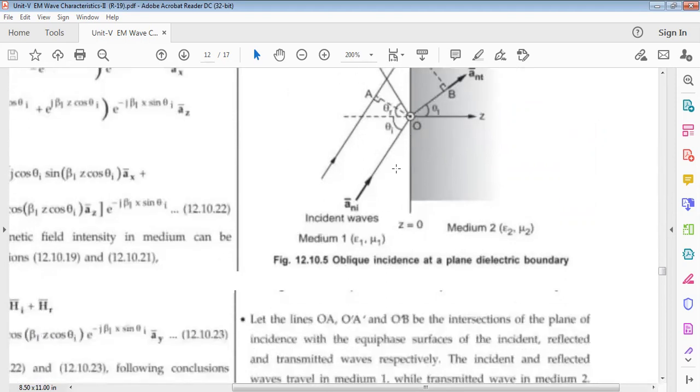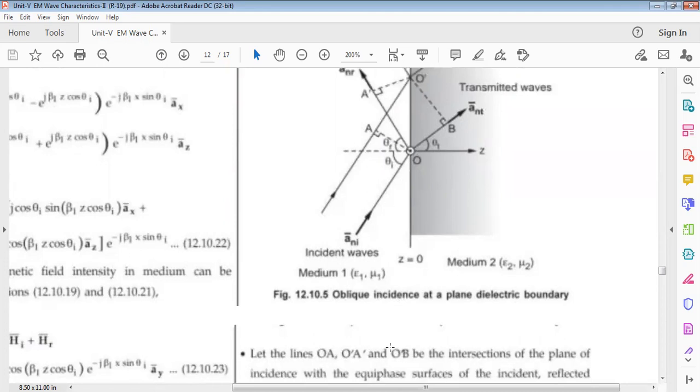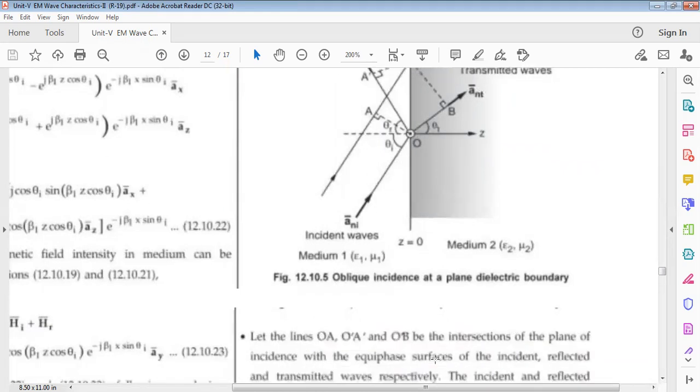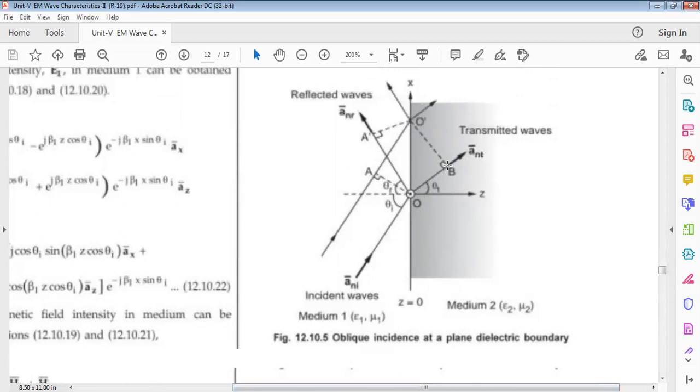Let the lines OA, O'A' and O'B be the intersections of the plane of incidence with the equiphase surfaces of the incident, reflected and transmitted waves respectively. These are all 90 degrees: a 90 degrees for the transmission line, and for the reflection line also. Consider this as a right angle triangle here, another right angle triangle here, and another right angle triangle also.